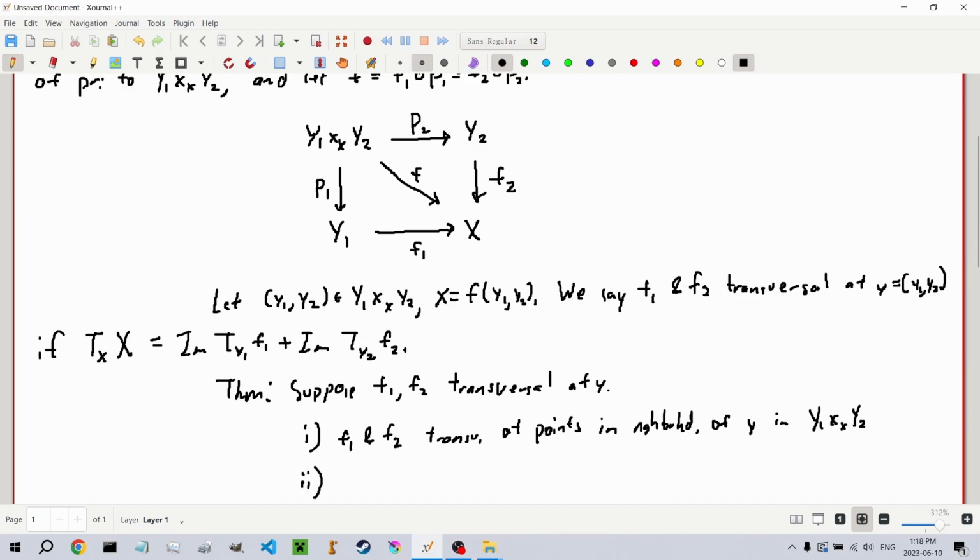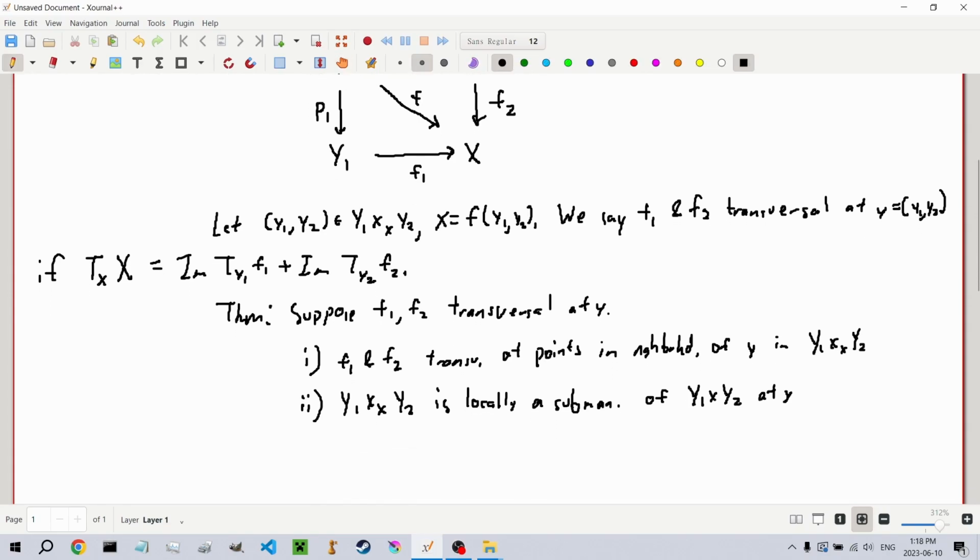Secondly, the x fiber product of y1 and y2 is locally a submanifold of the product of y1 and y2 at y.